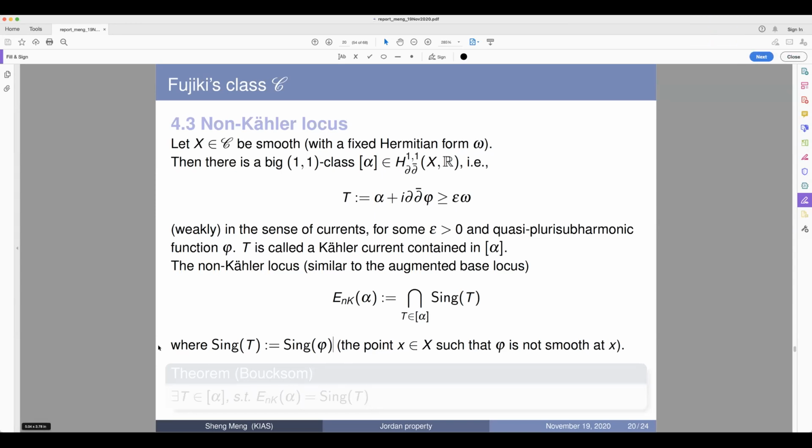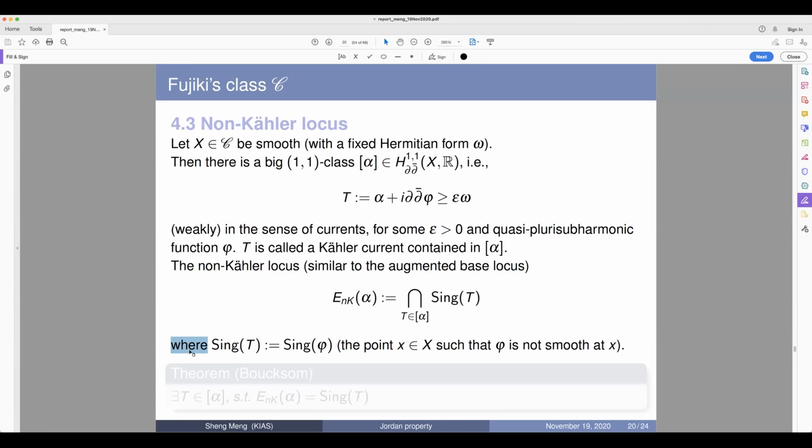The other remark is that this non-Kähler locus, in algebraic geometry, is just the non-ample locus. The non-ample locus is numerically defined. It's the base locus of B plus some small ample divisor, by taking limits, something like that. So non-Kähler is just the non-ample locus, so it's numerically defined. It's the current minus a small epsilon times a Kähler form.